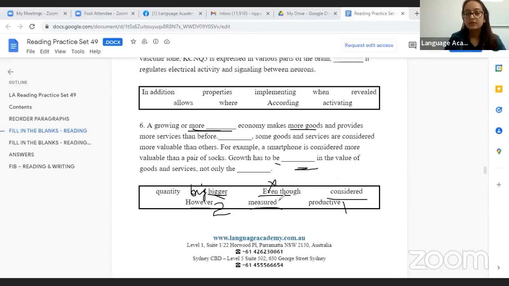So we'll say growth has to be measured, and moreover for considered, we generally use considered with as. Growth has to be measured in the value of goods and services, not only the dash, not only the noun. After the comes a noun, and what we are left with is quantity and even though and considered. So out of these three, the noun is only quantity. So that will be number 4.